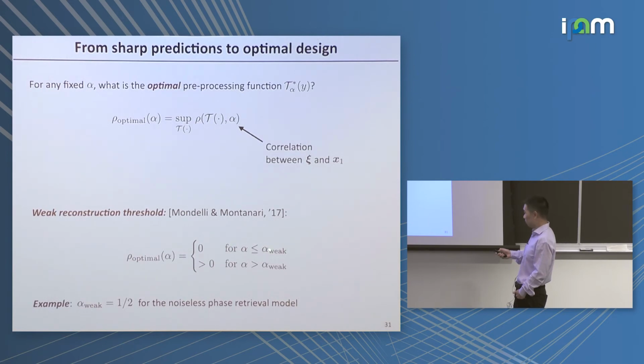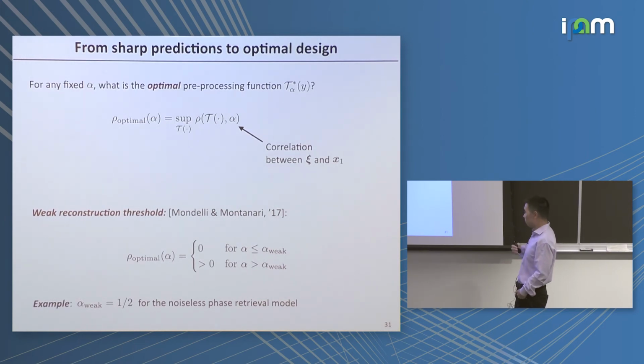So that means it's pretty fundamental. But after that threshold, what they propose is a particular form of this function t that is positive. For example, in the case of noiseless phase retrieval in the real-valued case, the threshold is equal to 0.5, right?